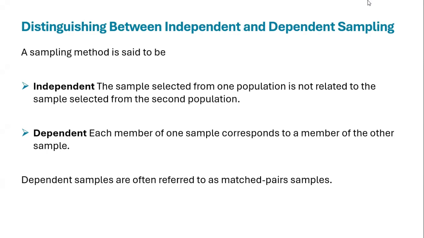Being dependent or independent is one of the requirements for this chapter's hypothesis test. So make sure that when you read the problem, you understand whether the samples are dependent or independent. In 10.1 and 10.2, in this video, I'm going to go over the samples that are independent. And if the samples are dependent, we usually call them matched pair samples as well.